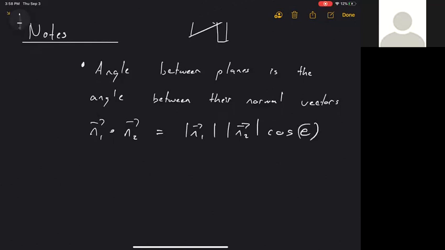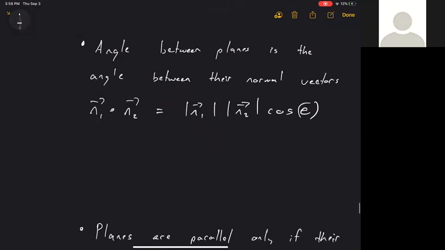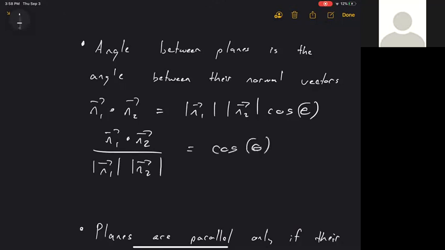Then to find the angle, I get cosine by itself, and then I take the cosine inverse to get theta.